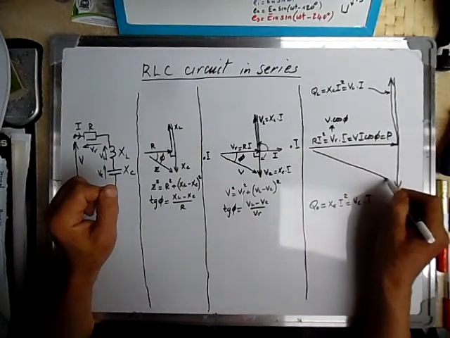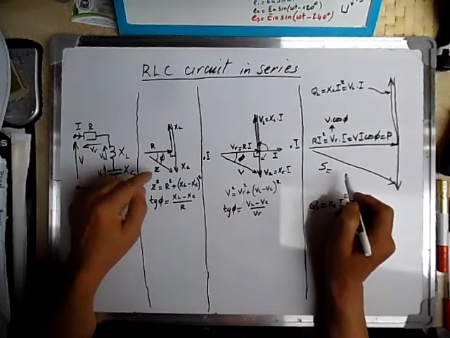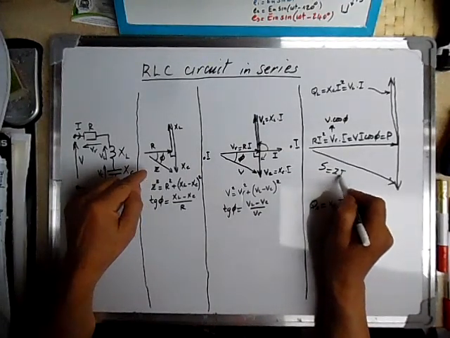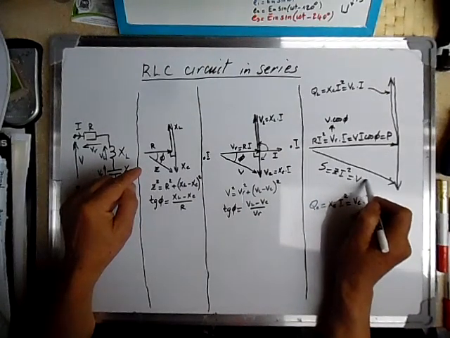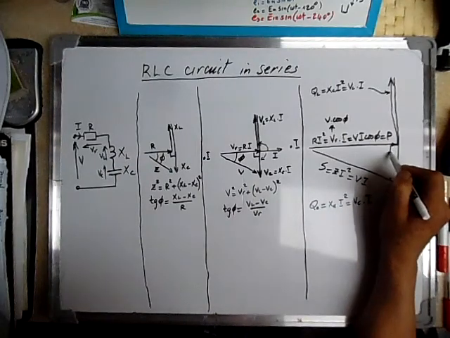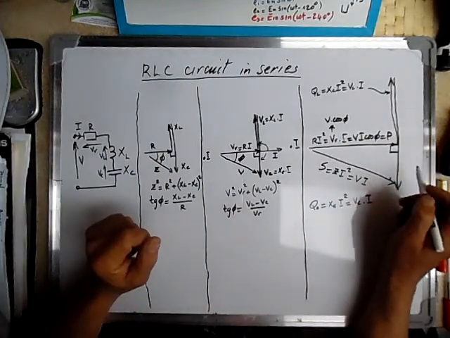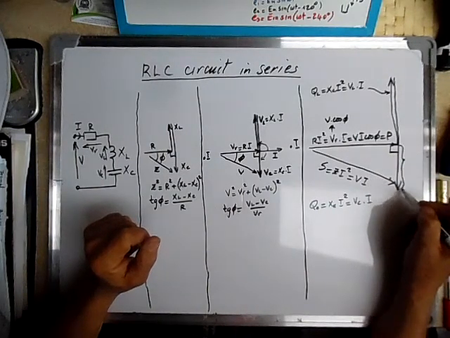And this one is what we call the apparent power. It's Z times I squared or V times I. This is the apparent power. And we have the famous triangle. Here the difference, I will write it down.